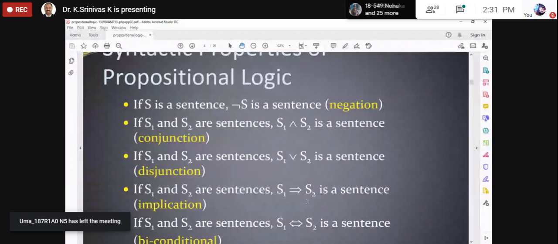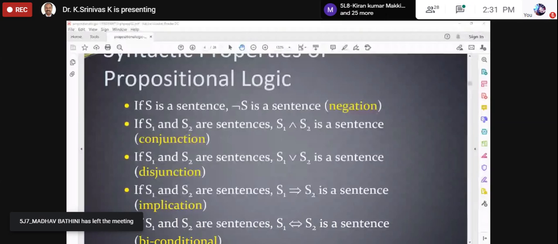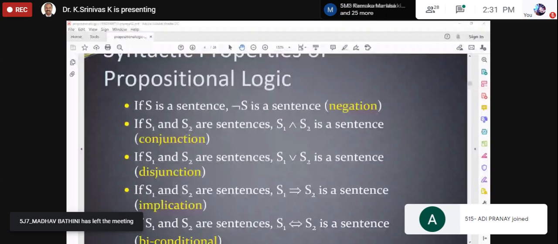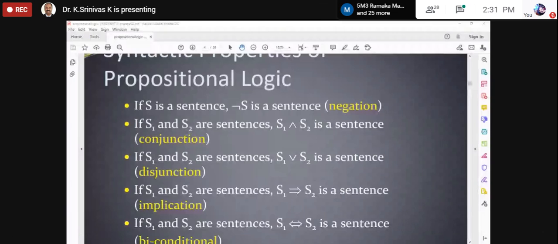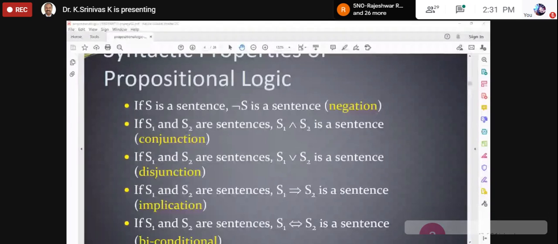Eighteen 538. Eighteen 549. Kiran Kumar, 5L8, 5M3, 5M9, 5NO, Anusha Reddy, 553, 5C4, present, sir.